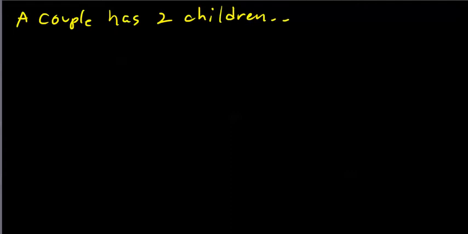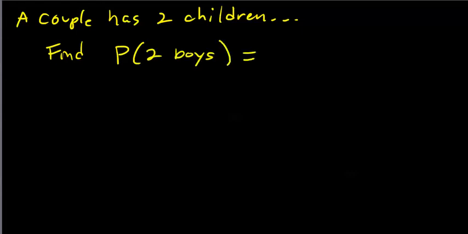Alright. Let's say, again, a couple has two children. Let me ask this question. Find the probability of two boys. Now you know there's four outcomes, right? We already talked about that. Four simple outcomes. Boy, boy, boy, girl, girl, boy, and girl, girl.